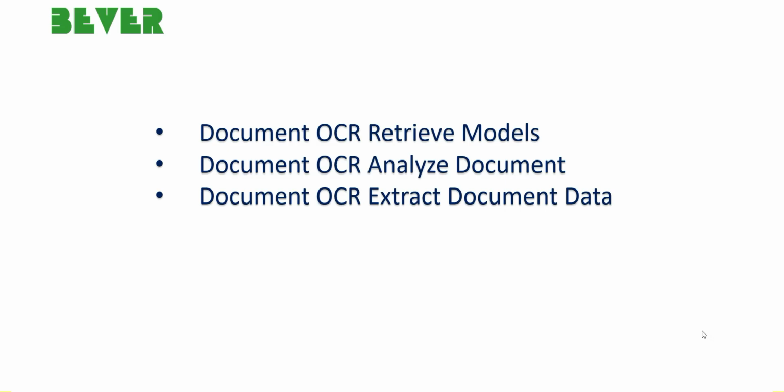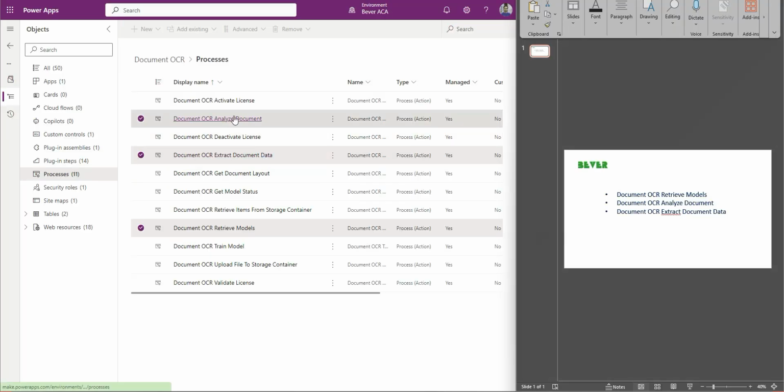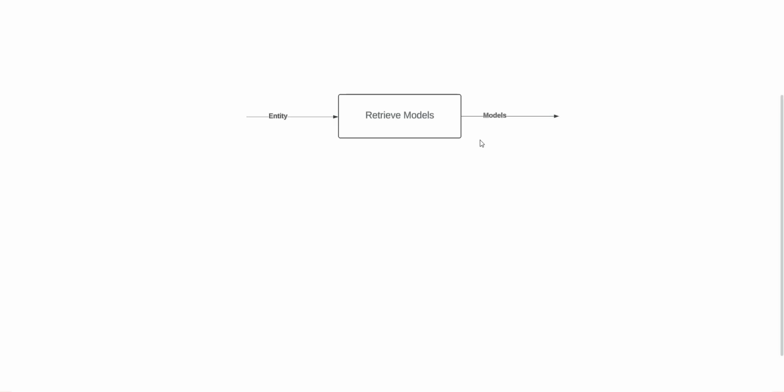For the developers, there are 3 actions or APIs related to the solution that can be used: Retrieve Models, Analyze Document, and Extract Document Data. The Retrieve Models action is used to fetch all models related to a specific entity. It takes the entity's logical name as input and returns all models related to that entity.